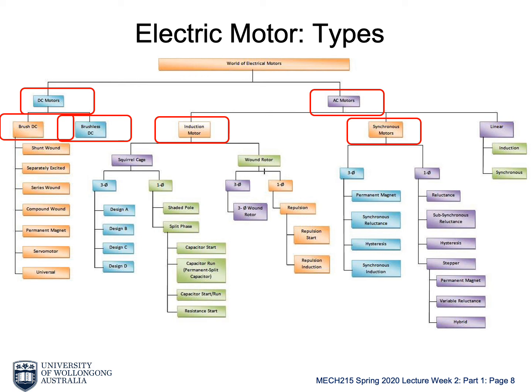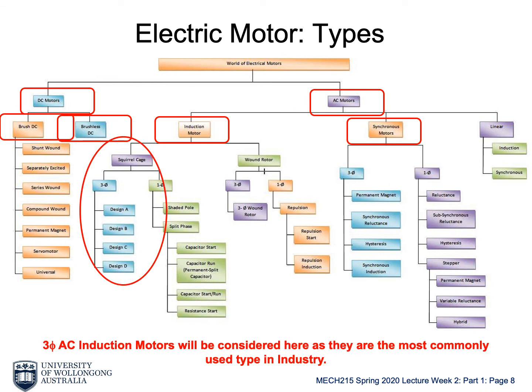For AC motors, we have a synchronous AC motor and an asynchronous AC motor, which is an induction motor, and mostly refers to the squirrel cage motor, which is mostly three-phase. So the three-phase AC induction motor is the most important motor we use in industry.